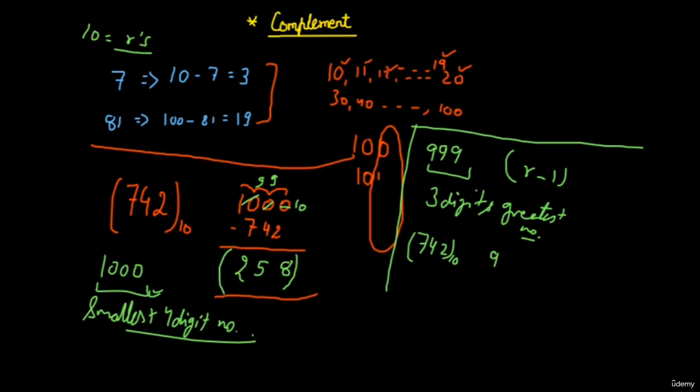So 999 minus 742. So what is going to be our answer? Well, our answer is going to be 257. So this complement is on the basis of 999. The number of digits is the same here, just the greatest number.